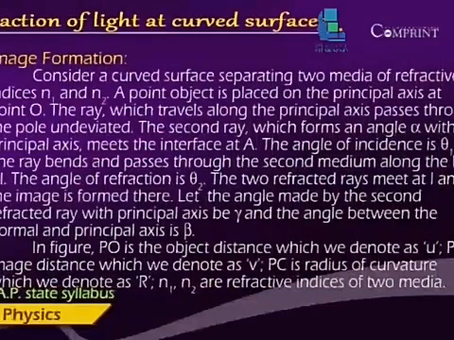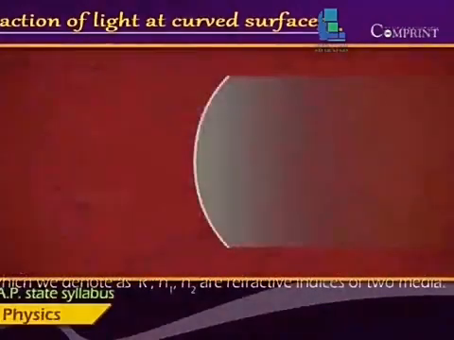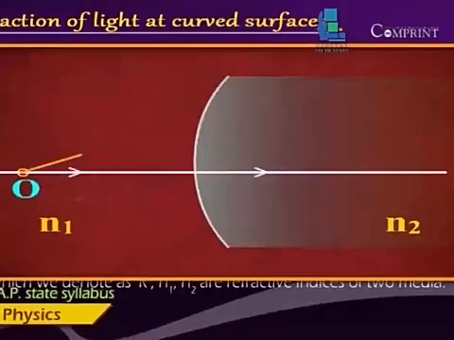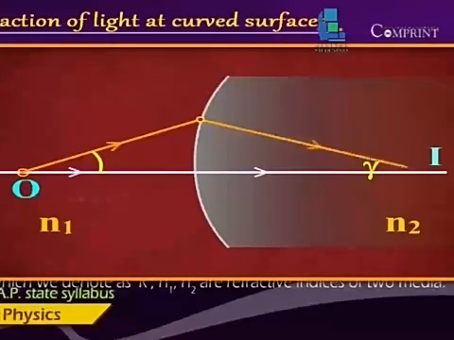Image formation. Consider a curved surface separating two media of refractive indices n1 and n2. A point object is placed on the principal axis at point O. The ray, which travels along the principal axis, passes through the pole undeviated.